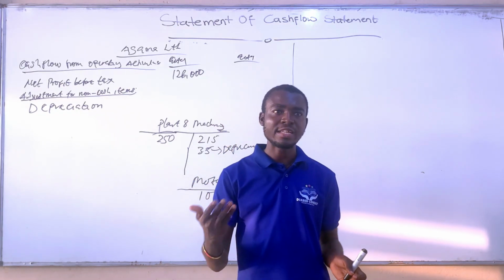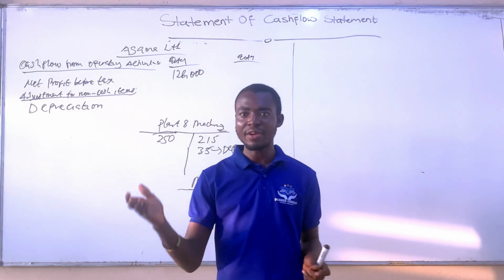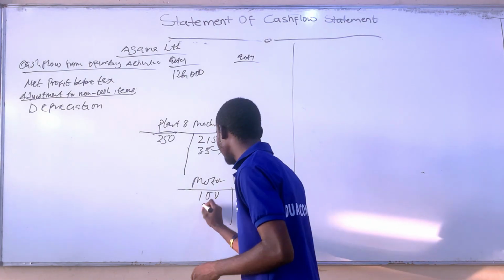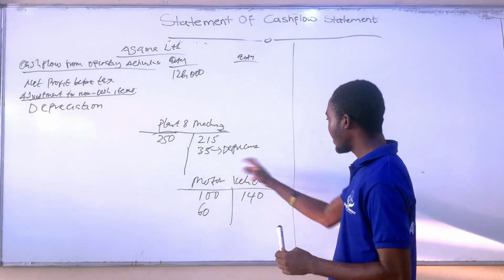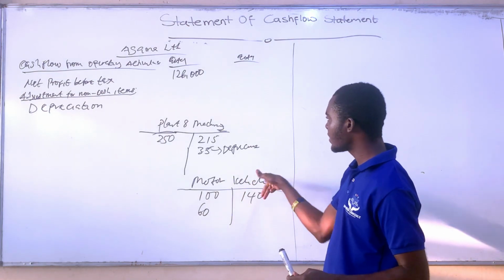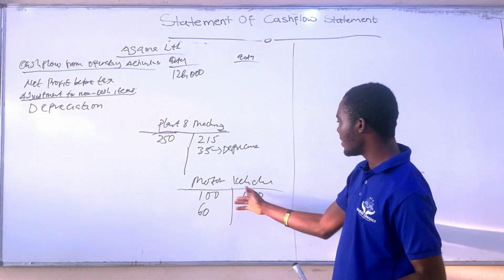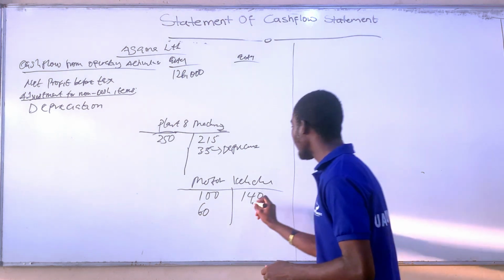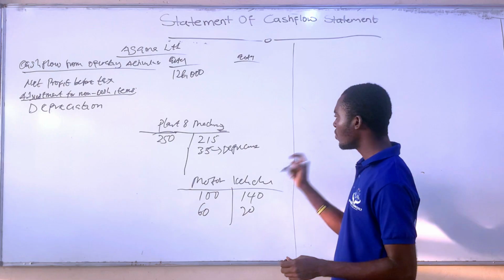So whenever the organization buys a motor vehicle, it increases the value of the motor vehicle that they will have. So you will debit the motor vehicle account with the 60,000. And then the difference between the debit side and the credit side will be the depreciation charge on the motor vehicle. So the debit side will give us 160 and the credit side is 140. So the difference will give us 20, which will serve as the depreciation charge on the motor vehicle.